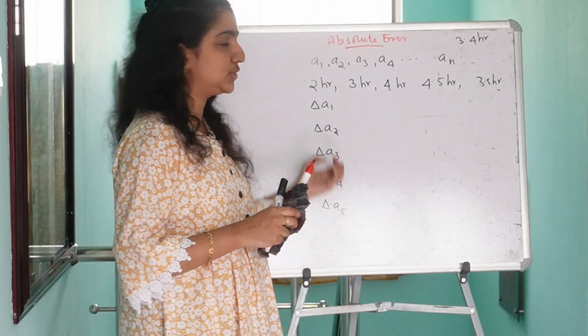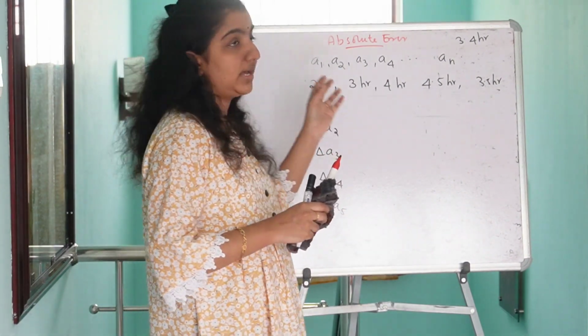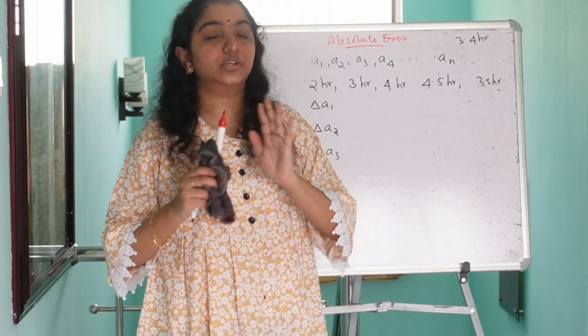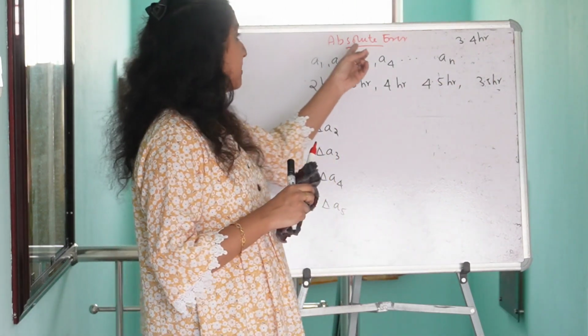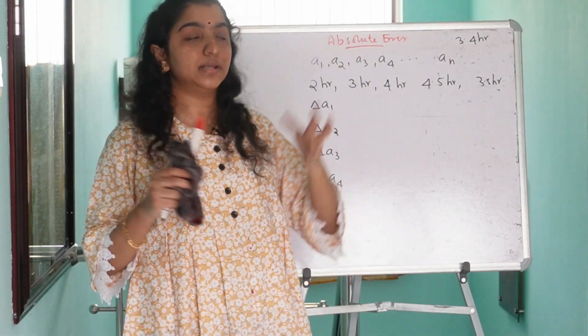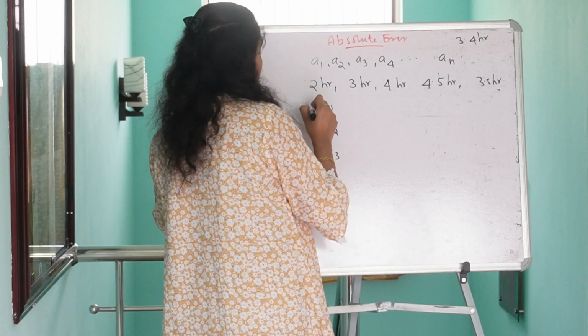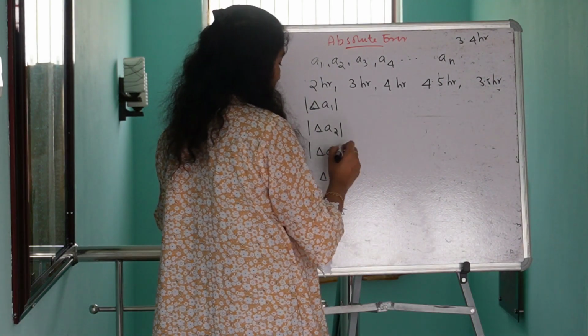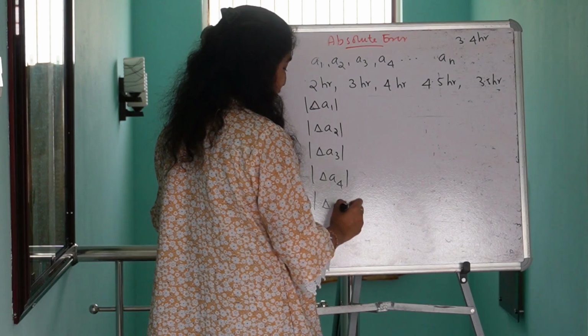Once you find errors in all the individual measurements, your answer is over. But actually here we are asked to find absolute error and not simple error. So how do we find it then? Once we find the errors, we find the magnitude of those errors.